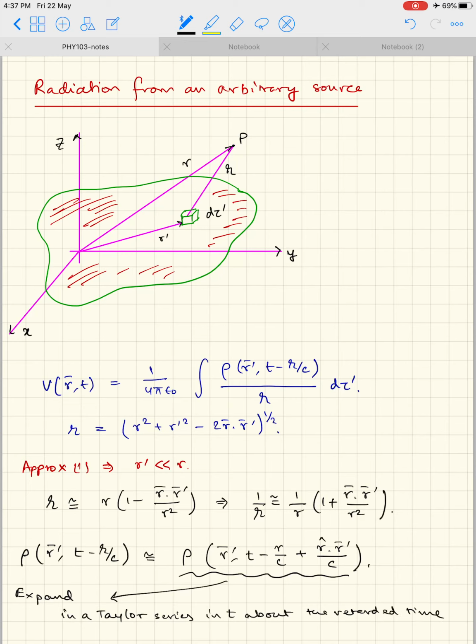Retarded time t naught is equal to t minus r over c. Okay, so let's do that.